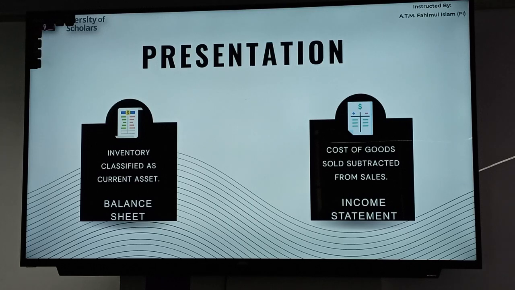And the cost of goods sold must be subtracted from sales in the income statement. The first item in the income statement is the sales or net sales, we say. Then, to determine the gross profit, we just subtract the cost of goods sold, and the amount of that cost of goods sold comes from these inventory costing methods.